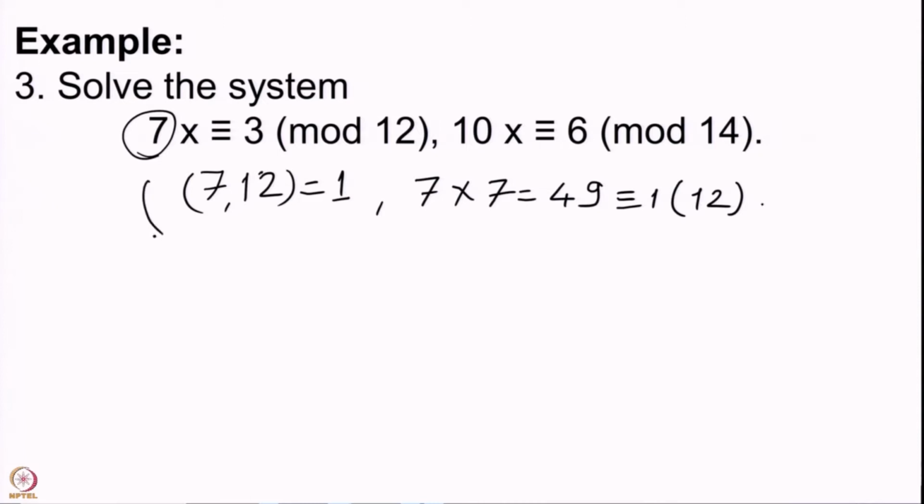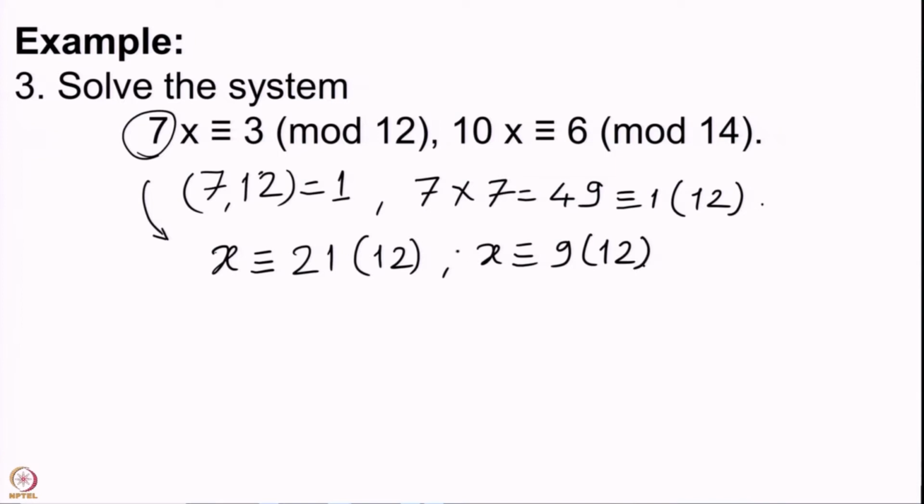So, the first equation will convert to x congruent to, I multiply 3 by 7 because 7 is the inverse of 7, so I get 21 modulo 12, or it is actually 9 modulo 12. This is the solution to the first system.